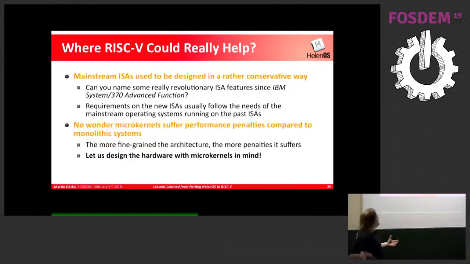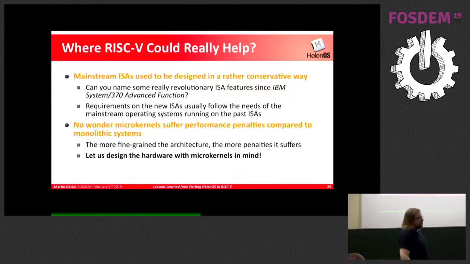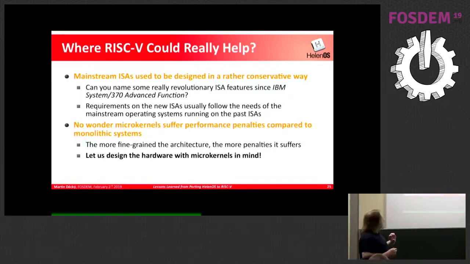It is more or less natural because designing a new CPU or instruction set architecture used to be a very complex and very expensive task, and people naturally designed the new CPUs according to the requirements for the old CPUs, and then the operating system guys were just facing what they got, and the monolithic design was performing much better on it. So let's switch gears, or let's reverse the process.